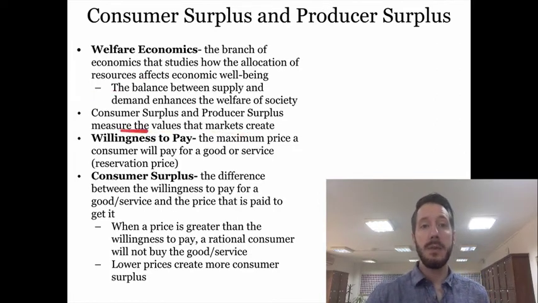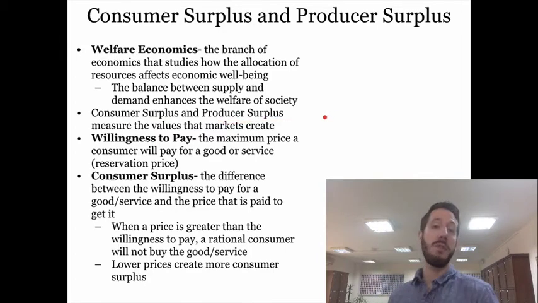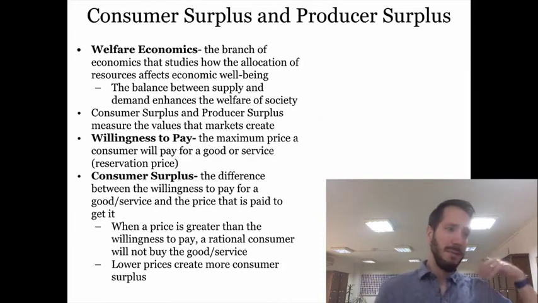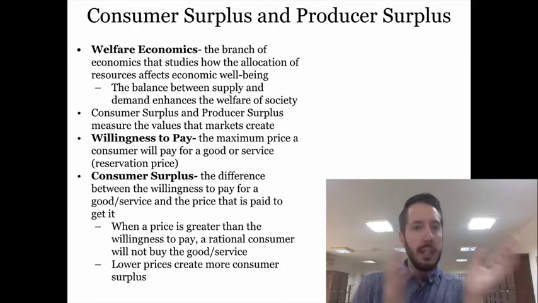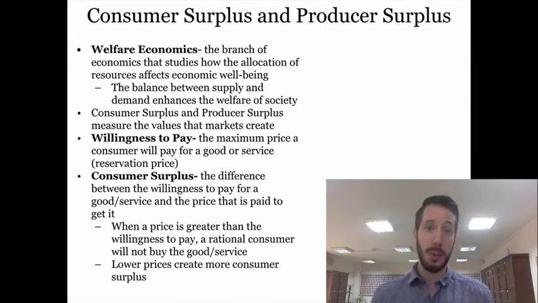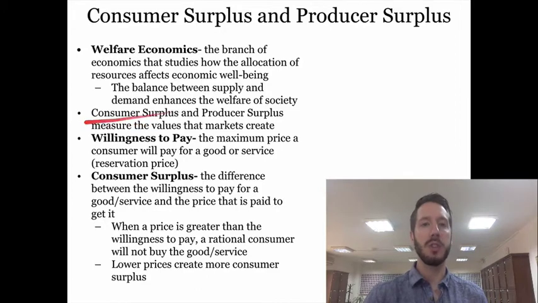Now, this is divided between consumer surplus and producer surplus, and that measures the values that a market, Amazon, a fabric souk, McDonald's makes. How you determine a consumer surplus and a producer surplus, we're going to talk about in just a minute. First, let's talk about how we determine consumer surplus.